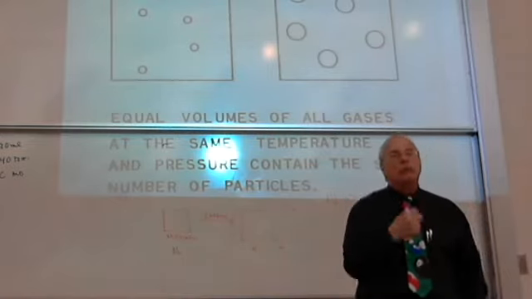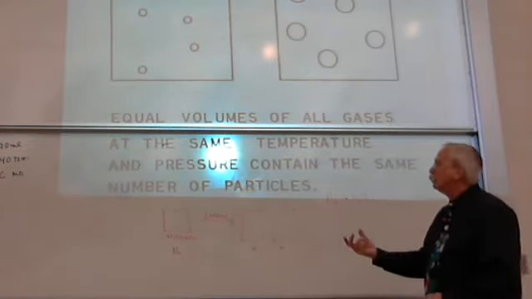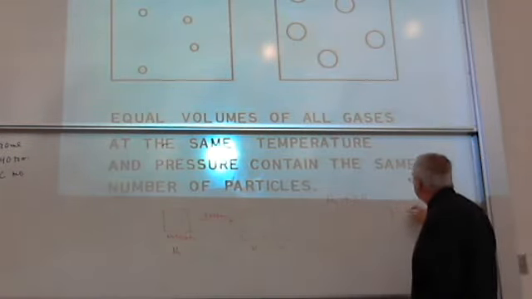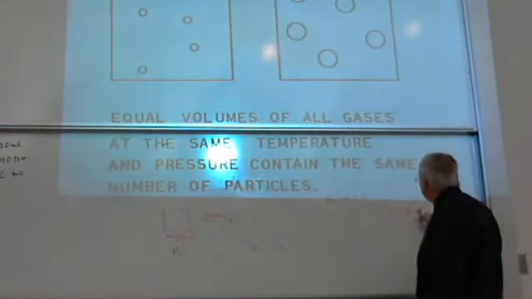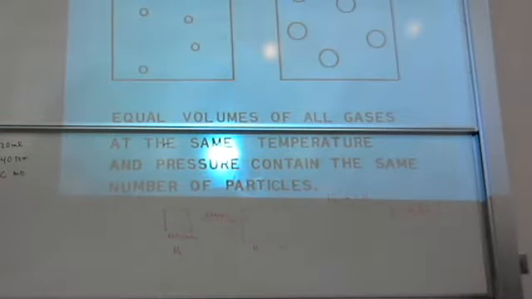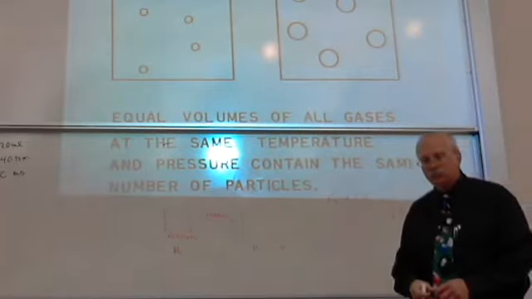So what does this mean? Well, Avogadro's law is actually telling us that the volume is equal to some constant times the number of gaseous particles. The number of gaseous particles we'll designate as N here.